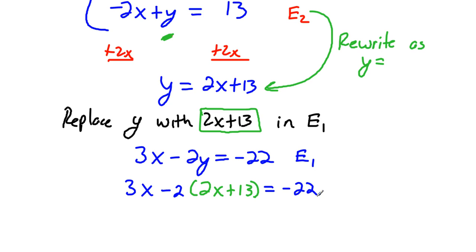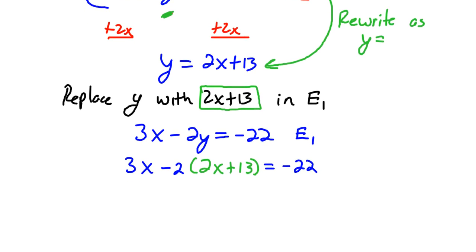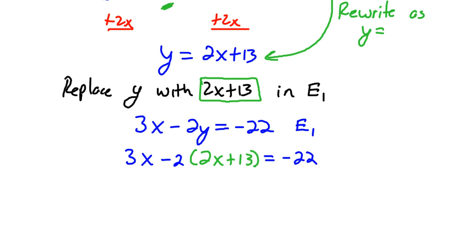Okay, and again, just going with a different variable. The first two we were replacing x, this one we're replacing y, but it's still the same setup. On this one, be a little bit careful because it is negative 2 times 2x, so it'll be a negative 4x, and it's also negative 2 times 13, so it'll make it a negative 26. The x is okay, and we've got the negative 22.